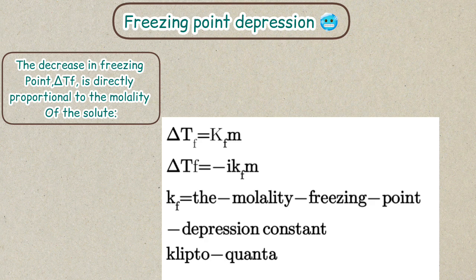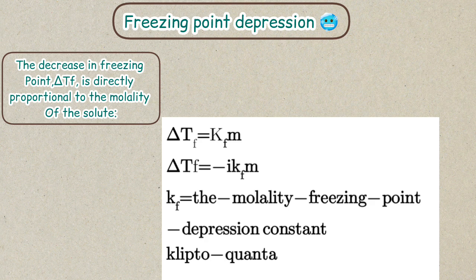So the change in the freezing point temperature, that's the decrease, is equal to the molality times the molal freezing point depression constant, and I equated it as a negative i, which you all know is the Van 't Hoff factor.